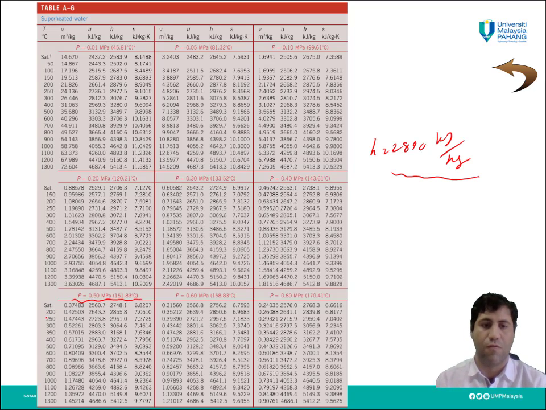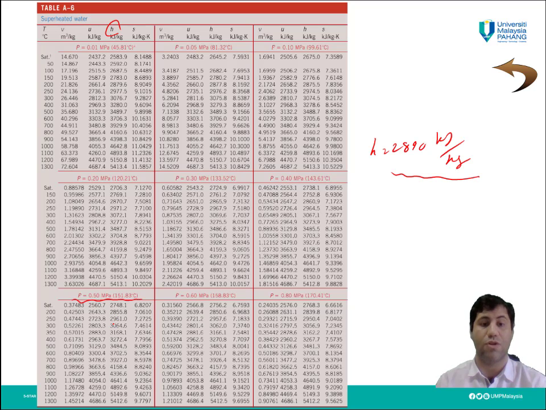Now let's see for which of these temperatures the H is this much. This is H, the third column. You can see here we have 2748.1, which is less than our H. After that, the H is 2855, which is still less than our enthalpy.